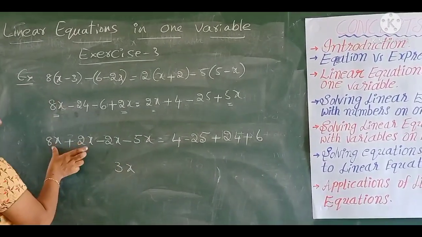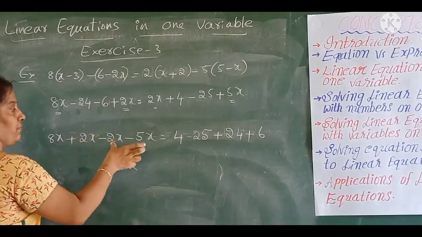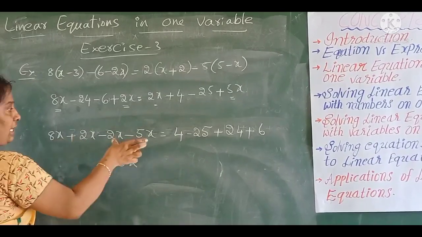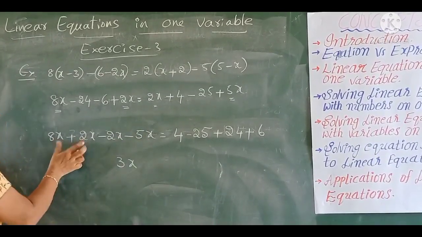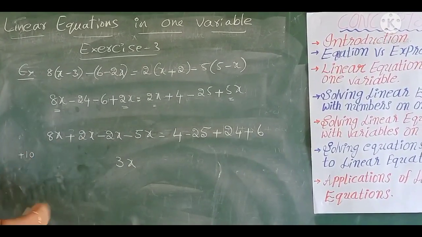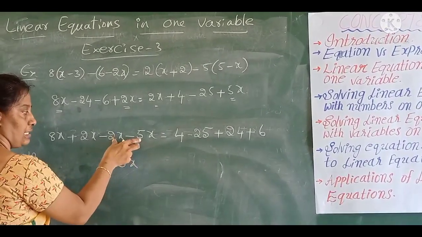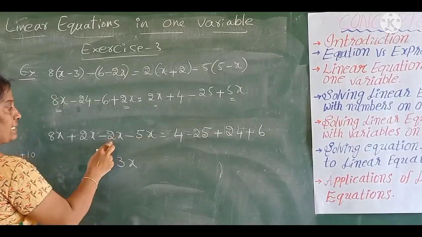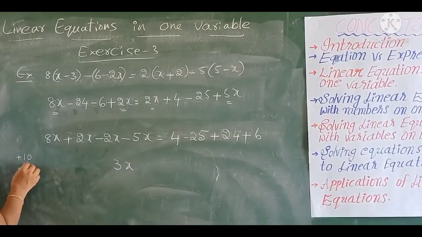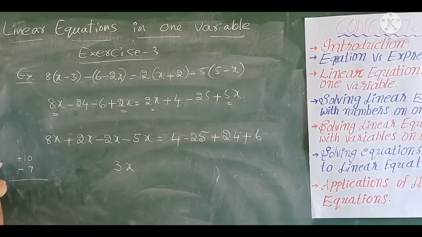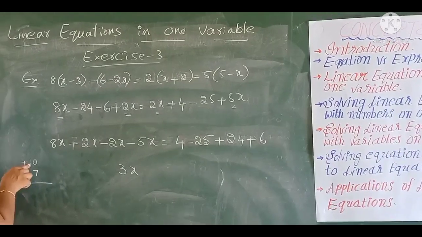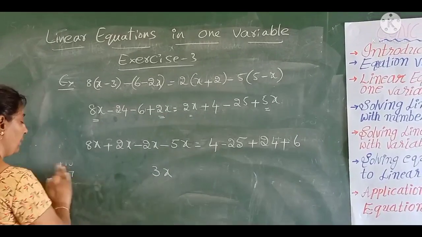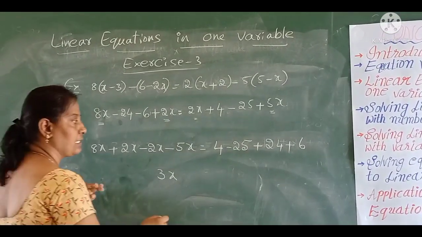Two variables are positive and two variables are negative, so we can add the positive ones and add the negative ones. 8 plus 2 is 10, positive 10, and minus 5 and minus 2 are negative, so minus 2 and minus 5 is negative 7. How to solve? By subtraction. Positive 10 minus 7 is positive 3. So like that we have to solve.